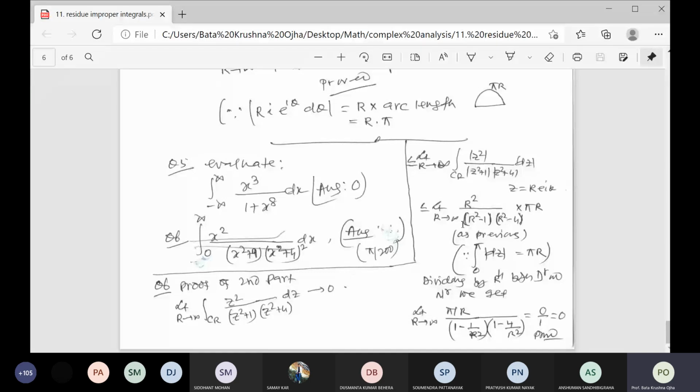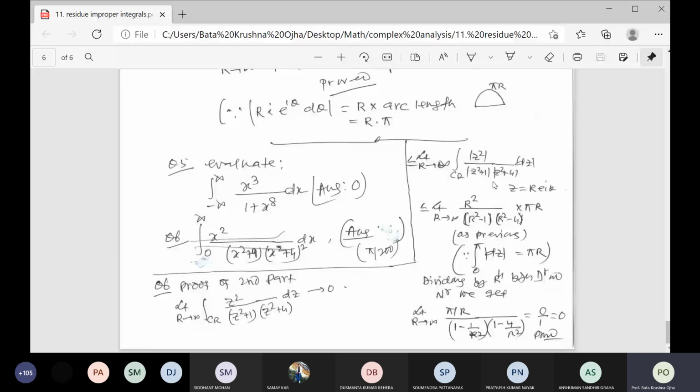So what to do here? Mod of z square plus 4 is greater than or equal to mod of z square minus 4, and mod of z square plus 1 is greater than or equal to mod of z square minus 1. Again, mod of z square minus 1 is greater than or equal to mod z square minus 1.